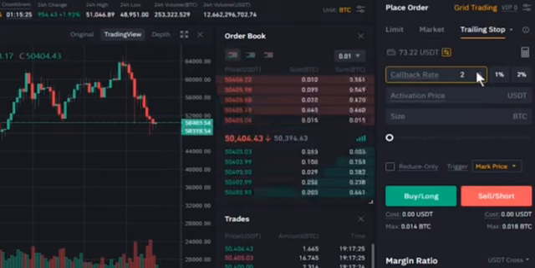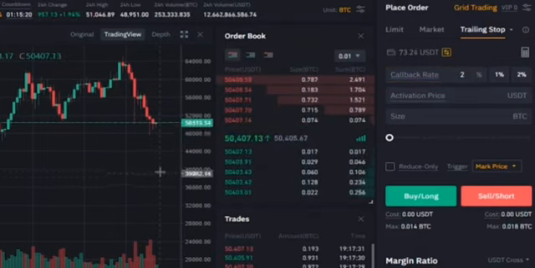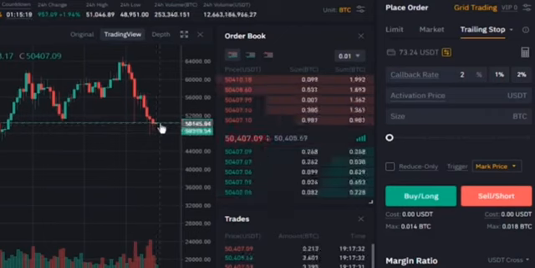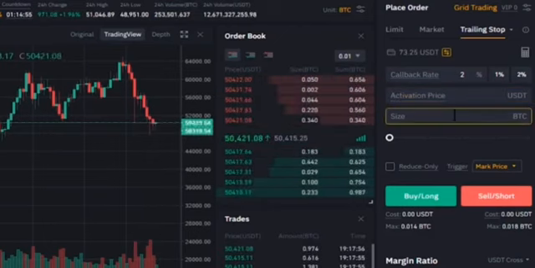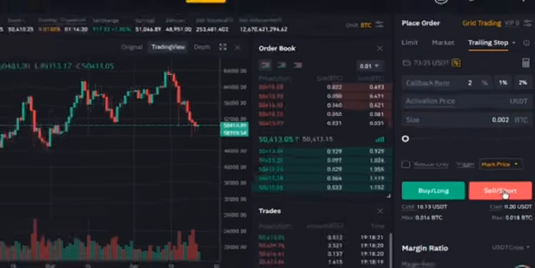In this example, consider you bought your Bitcoin in lower prices and you want to start locking your profit from the current price of the market. So don't fill the activation price and let's set the size same as our long position size. We enter 0.002. We click on sell short.